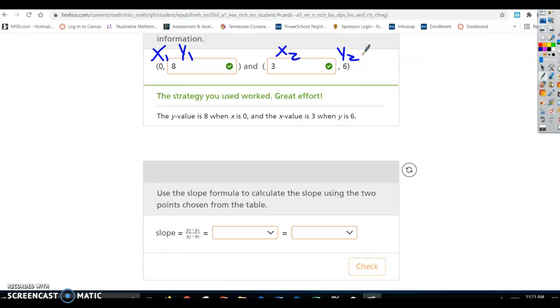A subscript is a small number below the variable, whereas an exponent is a large number above the variable.